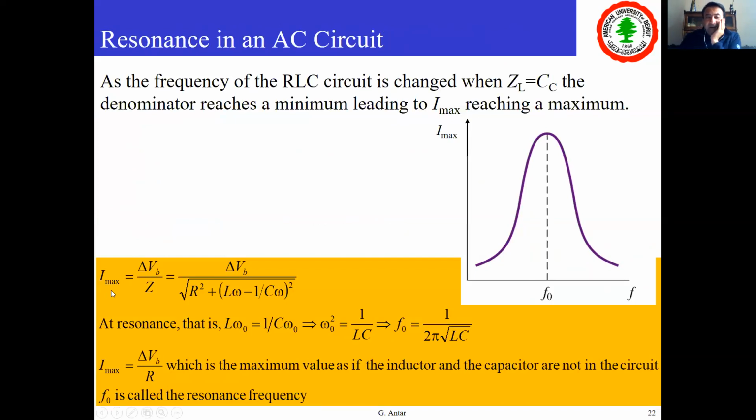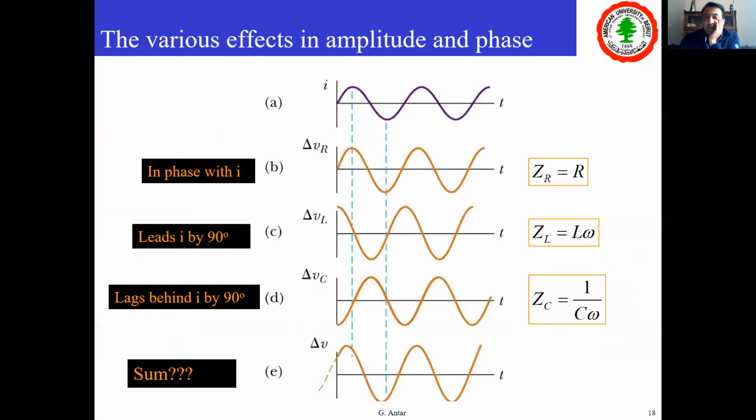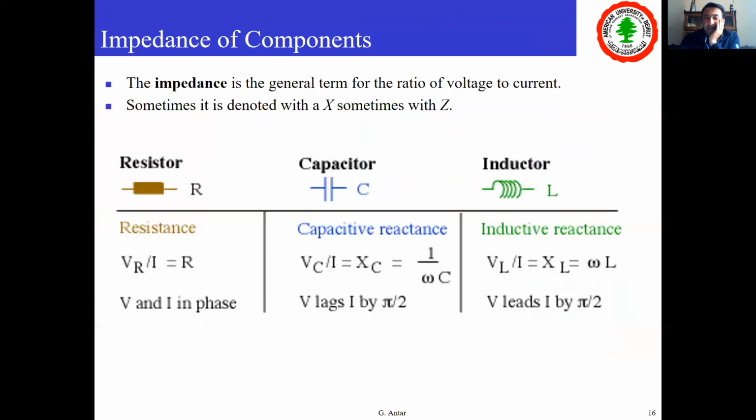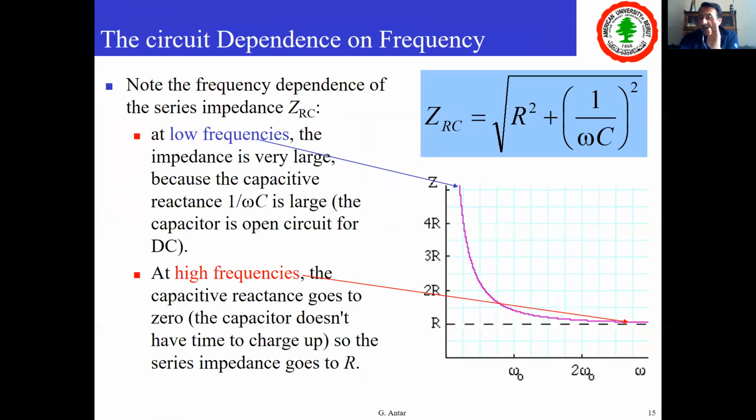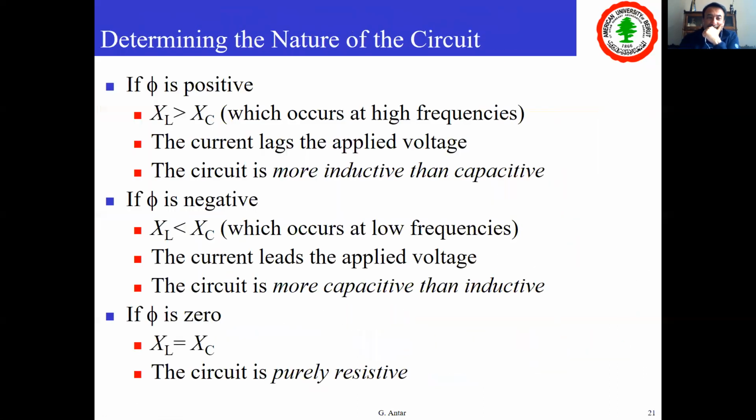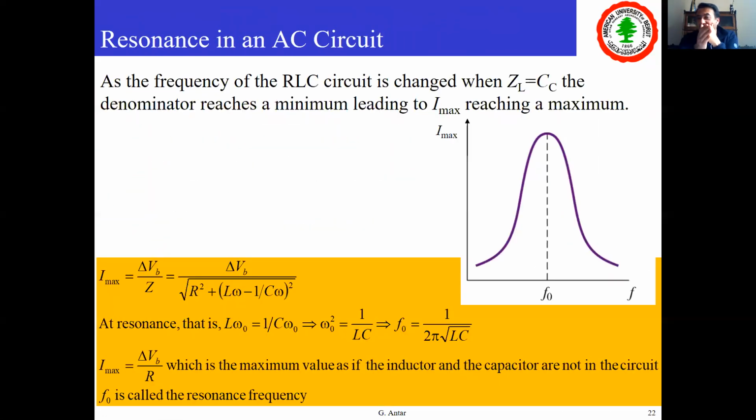But the important point is the following. If we take Imax now, we want to discuss it as a function of the frequency, as we were doing before. What happens when omega tends to 0? When omega tends to 0, L omega tends to 0, and 1 over omega C tends to infinity. Delta VB divided by infinity will tend to 0.